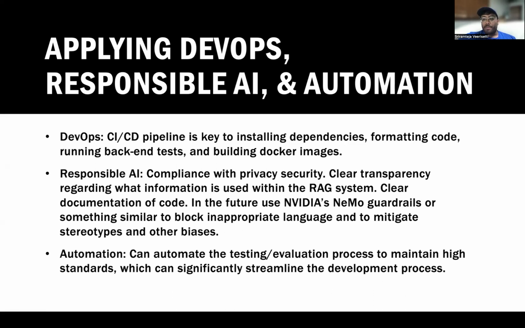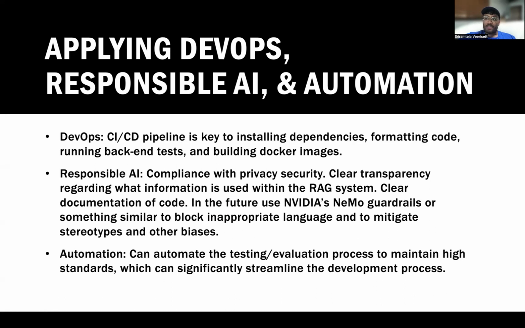And I think building transparency with the user is very important. So I think if I was to ever actually deploy this application, I would let everybody know what information was being used within the RAG system, as well as other small details that can improve the transparency between the development team as well as the actual individual that's using it.